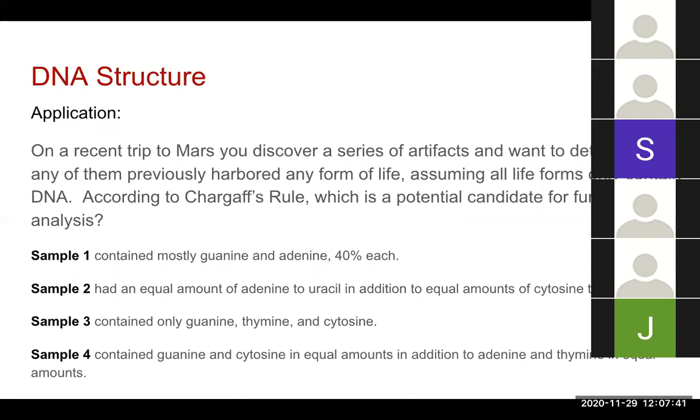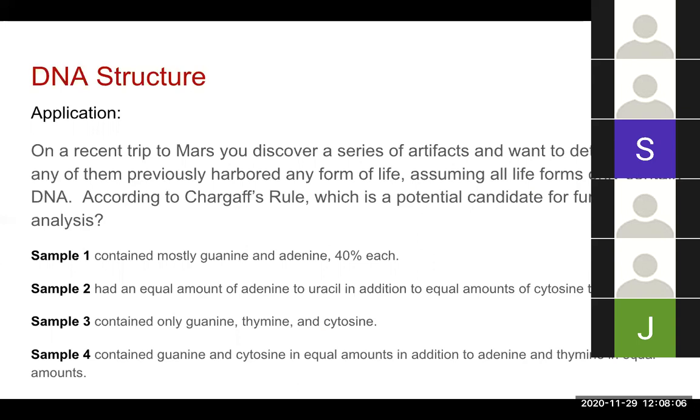Sample 2 has an equal amount of adenine to uracil, in addition to equal amounts of cytosine and guanine. Sample 3 has only guanine, thymine, and cytosine, no adenine. Sample 4 contained guanine and cytosine in equal amounts, in addition to adenine and thymine in equal amounts. So which one would be a potential candidate?